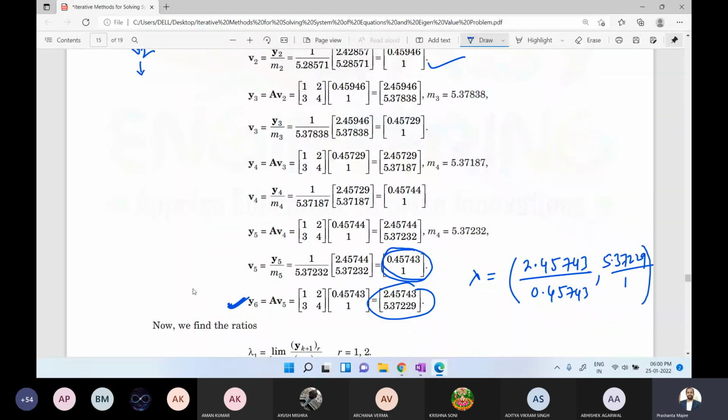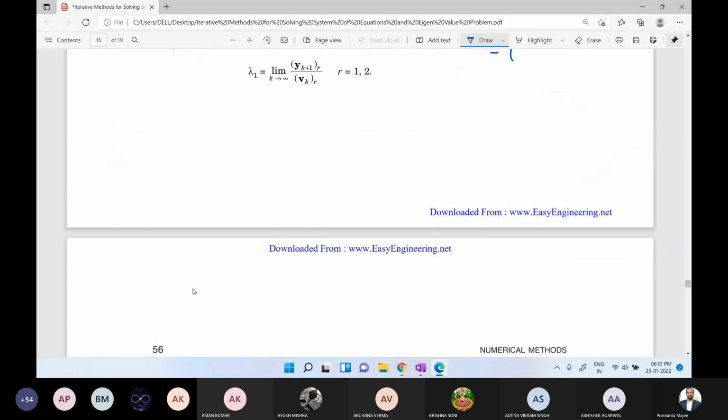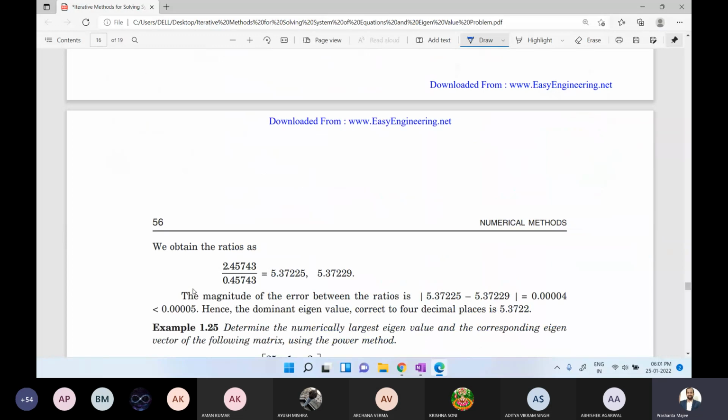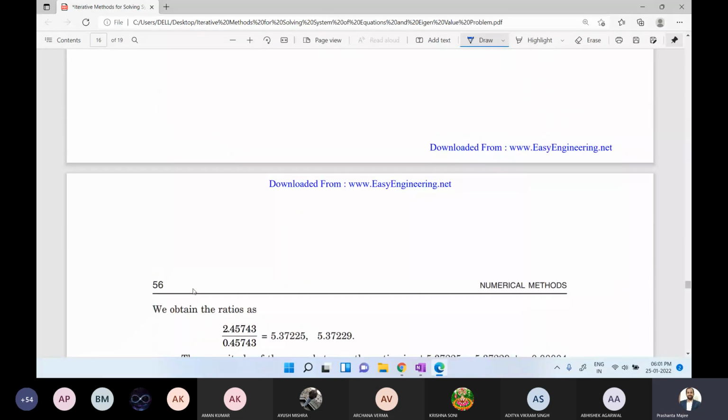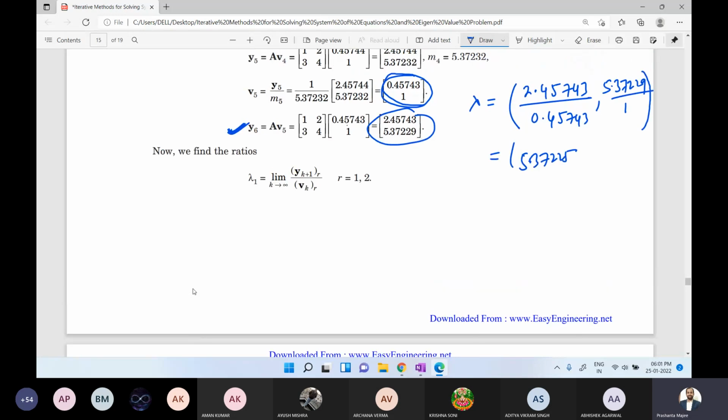You can take any of these ratios, both of them will be the same. The first one is also coming 5.37225. This is the first component. The second component is coming 5.37229. So any one of them can be taken as the dominant eigenvalue.